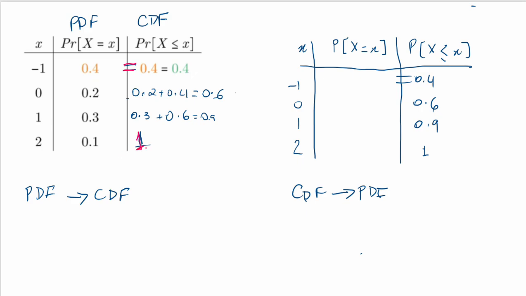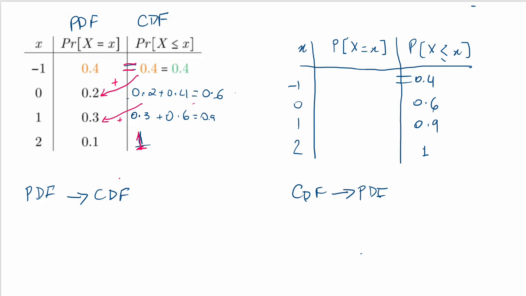Put a 1 in your final row because you know it has to be that. And then go like this. This plus this equals 0.6. Now 0.6 plus this equals 0.9, and then you're done. Okay, so it's just an algorithm.